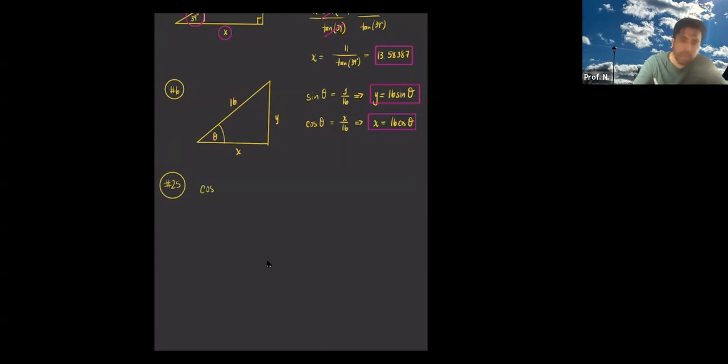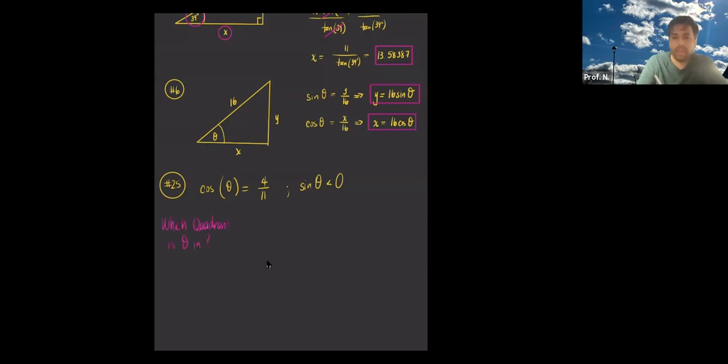So we have cosine of the angle equals 4 over 11. And then we're also given that sine of theta is less than 0. So for this problem, you have to first figure out which quadrant theta is in.